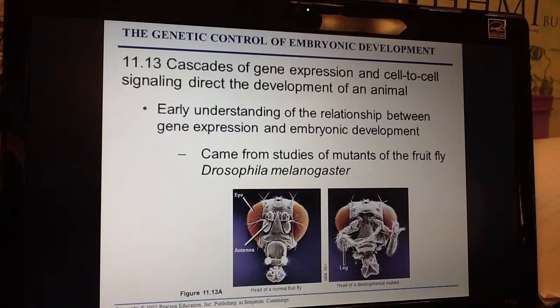They can take a normal fruit fly, which will normally develop antennae out of the top of its head. But if you tell these cells, you're not going to make an antenna, you're going to make a leg, what happens is that coming out of these areas, you now have legs sprouting off the top of the head of a fly. And so they realize they can control what genes get expressed, and so what develops. We're using that to our own advantage right now to make nerve cells and heart cells from a stem cell.